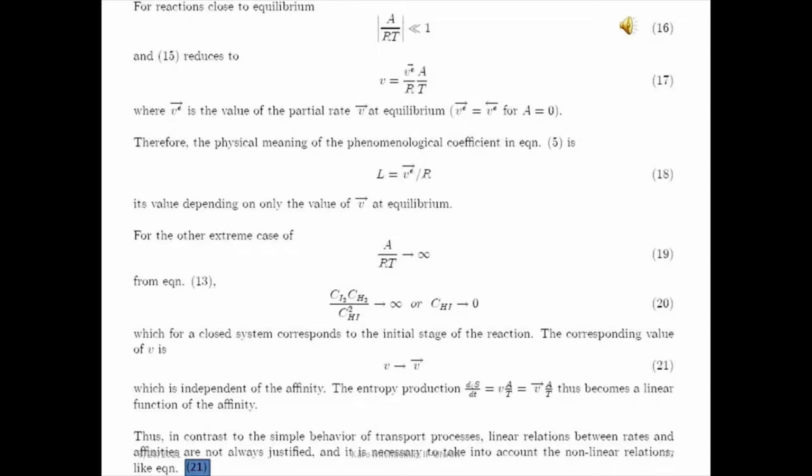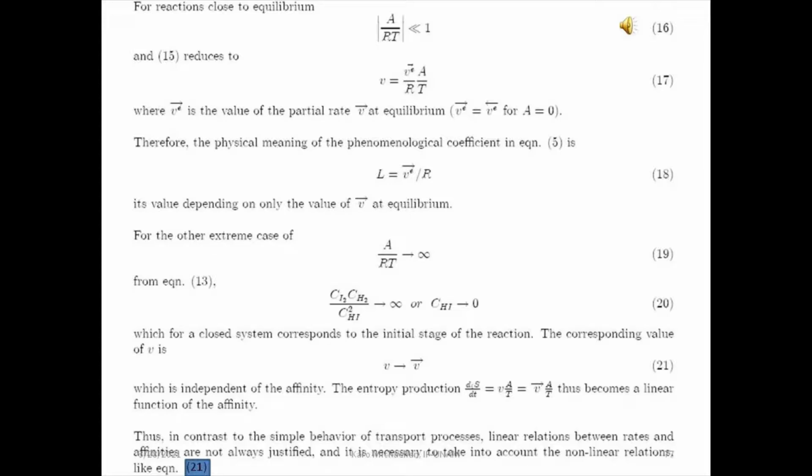And for this case that we are close to equilibrium, equation 15 reduces to equation 17, which is just that the net velocity of the reaction is equal to the velocity in the forward direction near equilibrium, since we're assuming that we are very close to equilibrium, over R, the universal gas constant, times the affinity over the temperature.